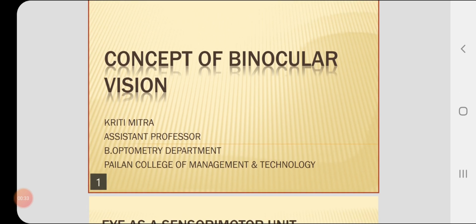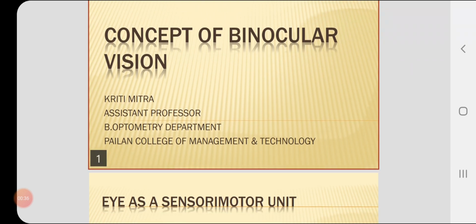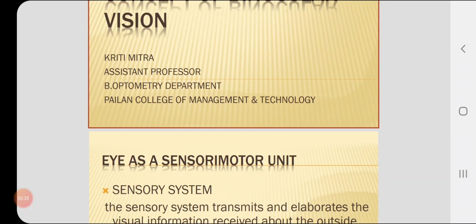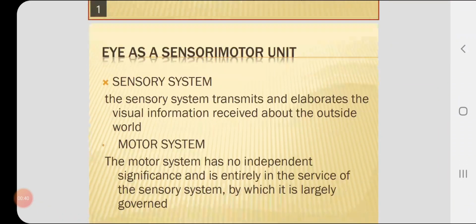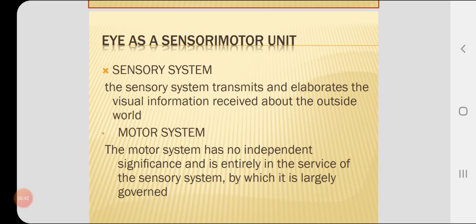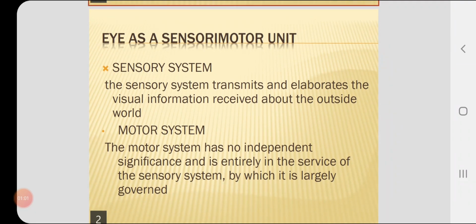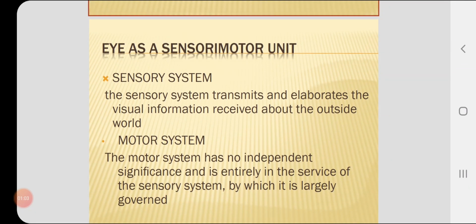So we humans have binocular single vision, and that is the reason we can see a three-dimensional view of an object. Our eye acts as a sensory motor unit. The sensory system transmits and elaborates the visual information received about the outside world. That means suppose an object is there in space, the rays of light fall on our retina.